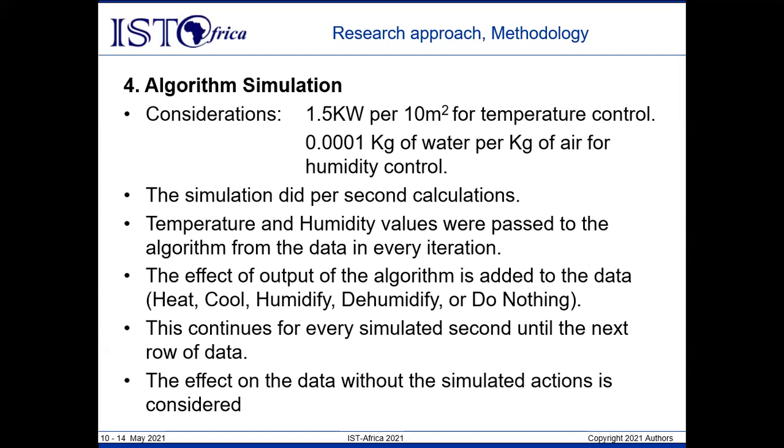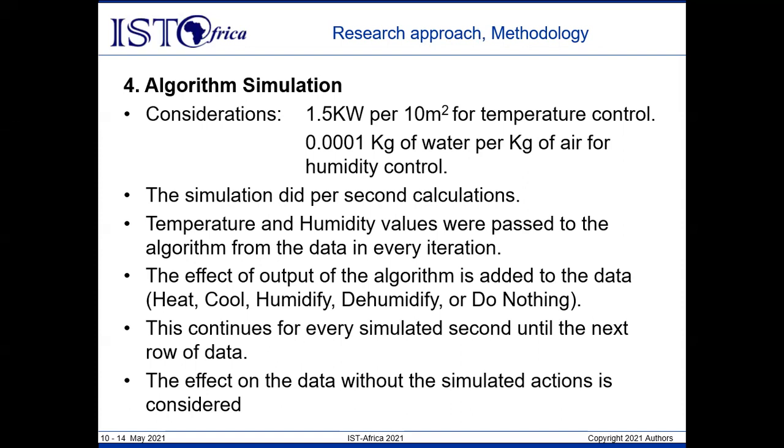And this goes on until we reach the next row of data. And then when we reach the next row of data, we consider the effect on the temperature and humidity without the simulation, and the effect on the temperature and humidity with the simulation. These two are added, and then we proceed to the next row of data and simulate the next second and the next one, going on until we reach the end of the data.